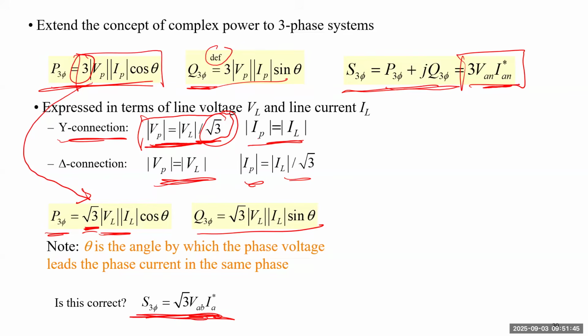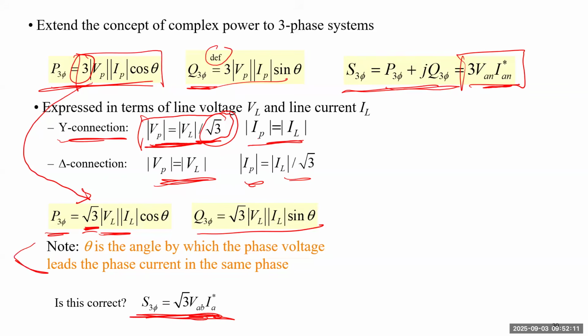Earlier in the single phase circuit, we defined complex power as the product of a voltage phasor and conjugated current phasor, right? Can you do this one, since we only need to multiply the product by 1.73? Is this one correct? No, this cannot be correct. Why?